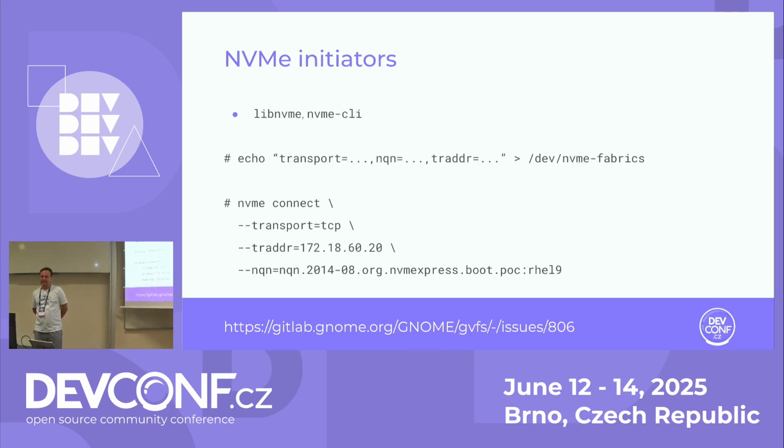Initiator as a client, that's very interesting and very simple as well. Also, you don't need any dependencies if you are on an embedded system, for example. You can just write a specially crafted string to /dev/nvme-fabrics, and it will just appear on the system if it connects. For our purpose, we are mostly using NVMe CLI, which is built around libNVMe. libNVMe is essentially a translation of the NVM Express specification into C headers.